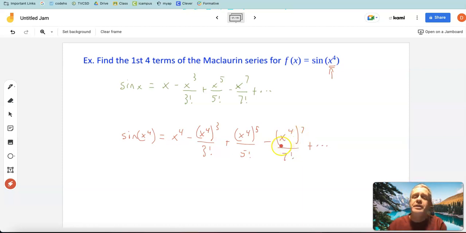You would have to go up to the 28th derivative of sine of x to the fourth in particular to determine this coefficient. And you don't want to do that. That's why this is a heck of a lot quicker and a lot easier to find this Maclaurin series for sine of x to the fourth.